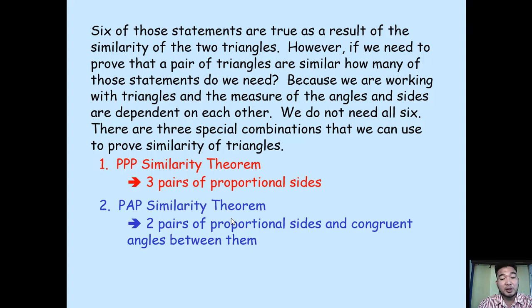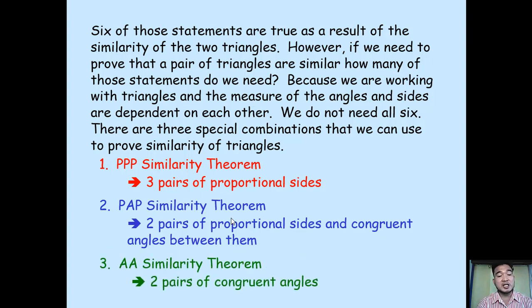We have two pairs of proportional sides and congruent angles between them, meaning the angle is the included angle. It is in between the two proportional sides. Then the two triangles are similar. And the last one is the AA similarity theorem. If we have two pairs of congruent angles in the two triangles, then the two triangles are already similar.